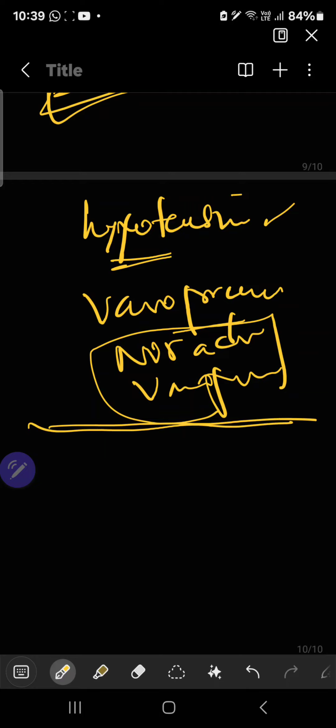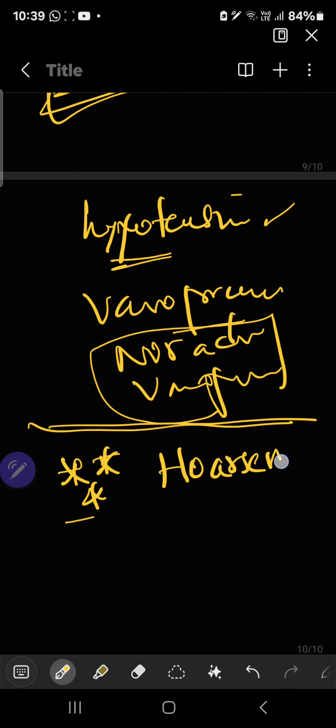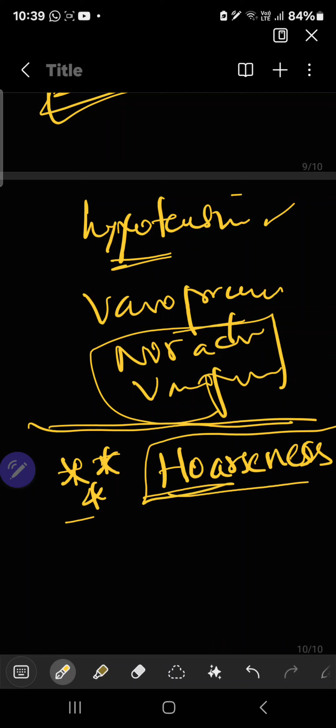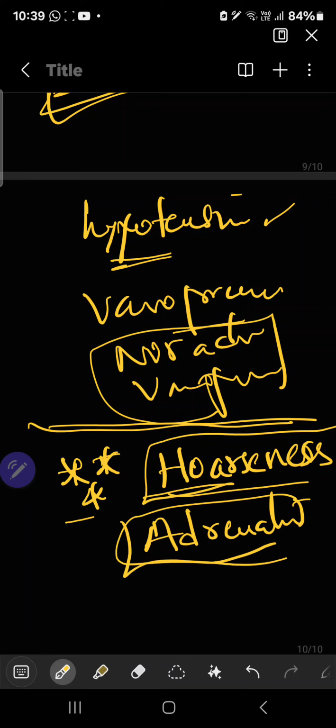maintain the vitals. A very important thing in anaphylactic shock is, if the patient is having hoarseness, you have to immediately give adrenaline. So it is very important to talk to the patient and see if there is any change in voice.